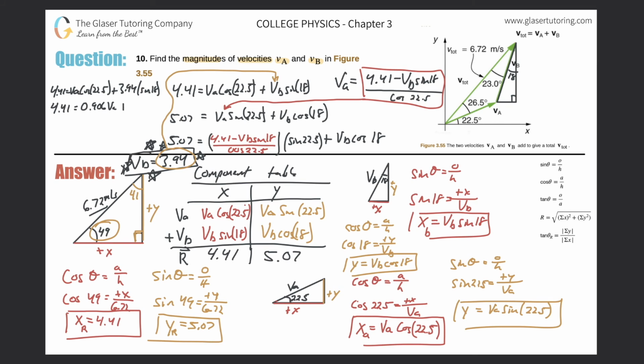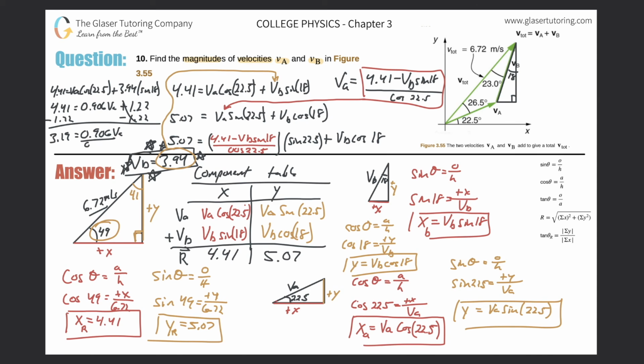Plus 3.94 times sine of 18, so we got 1.22. Great. Subtract the 1.22 from both sides. Let's do that in the calculator. 4.41 minus 1.22 comes out to be 3.19, and that will equal 0.906 VA.